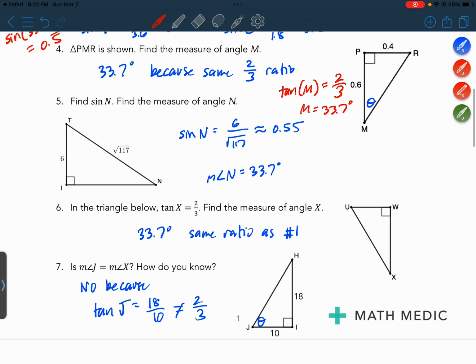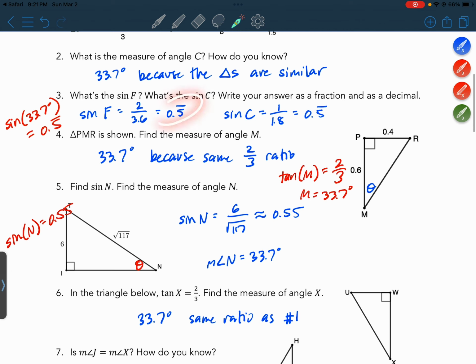All right, question number 5. We're looking for the measure of angle N, and we see that its sine ratio is 0.55. So the sine ratio of angle N is 0.55, and we've seen that ratio before.